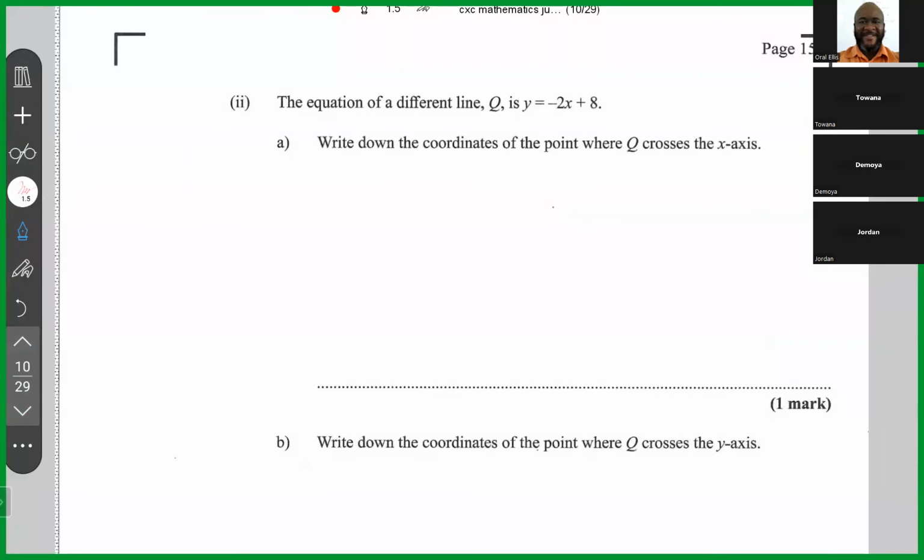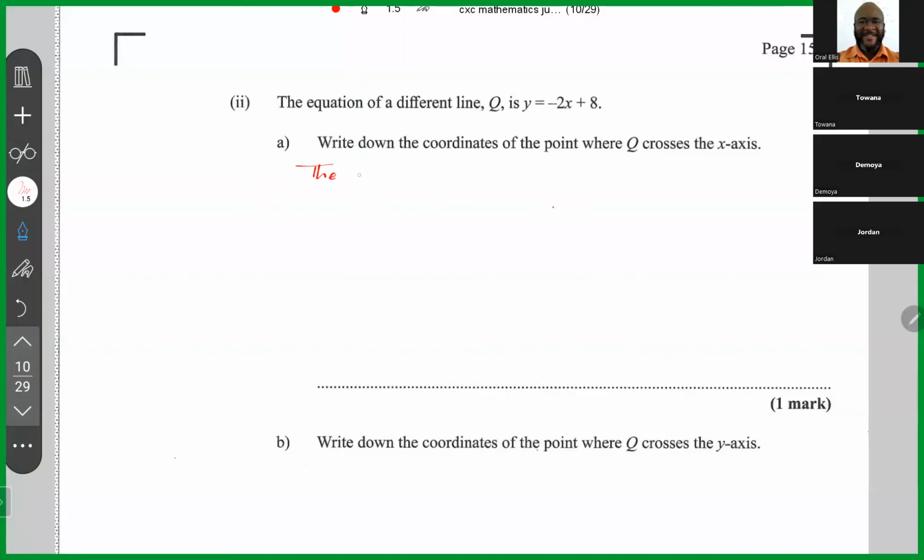Next, we're told that the equation of a different line Q is y is equal to -2x plus 8. We're to write down the coordinates of the point where Q crosses the x-axis. Now, the x-axis is the line y is equal to 0.